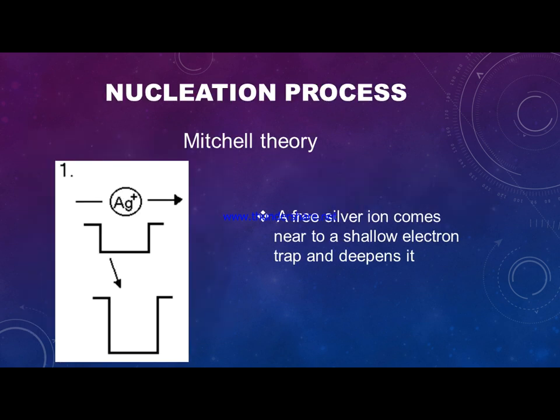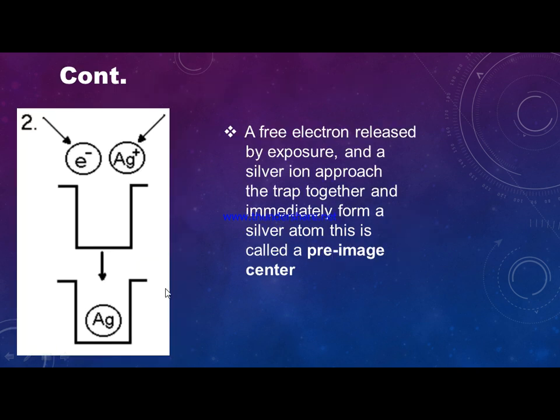In the Mitchell theory, a free silver ion comes near a shallow electron trap and is trapped by it. A free electron released by exposure and a silver ion approach the trap together and immediately form a silver atom, and this is a pre-image center.